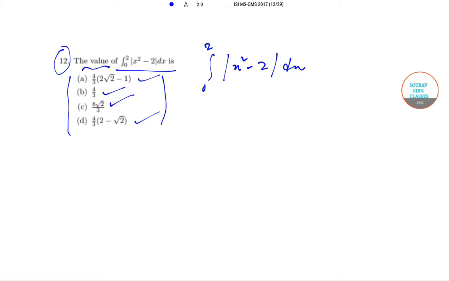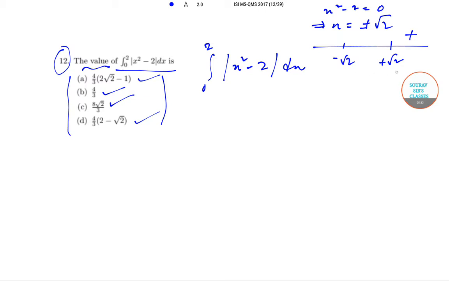Now if we set x square minus 2 equal to 0, we get that x is equal to plus minus root 2. And if we draw it in a line diagram, so if this is minus root 2 and this is plus root 2, then for any x which is greater than plus root 2, x square minus 2 is positive.